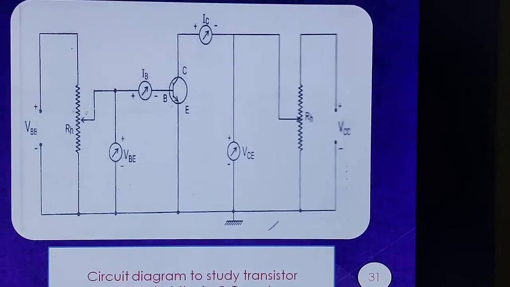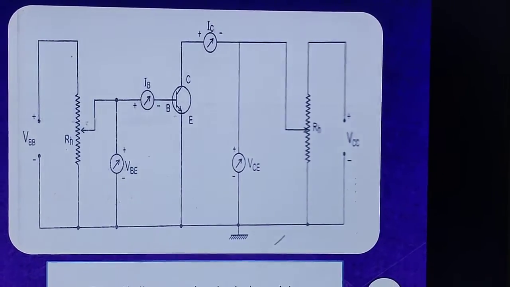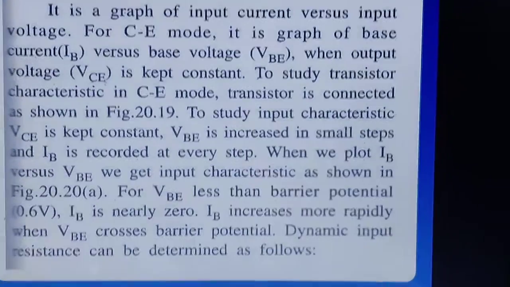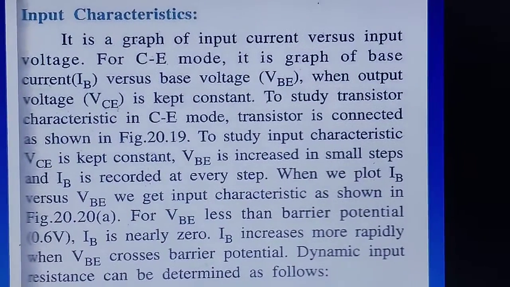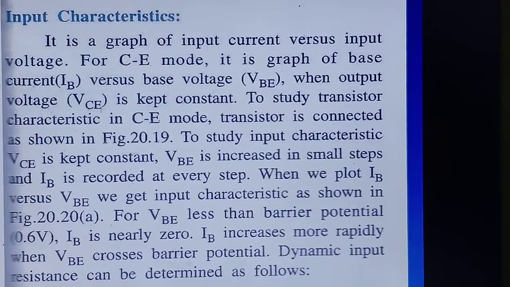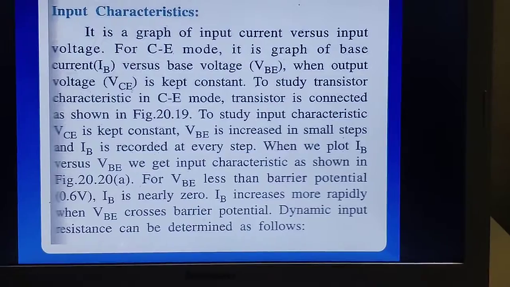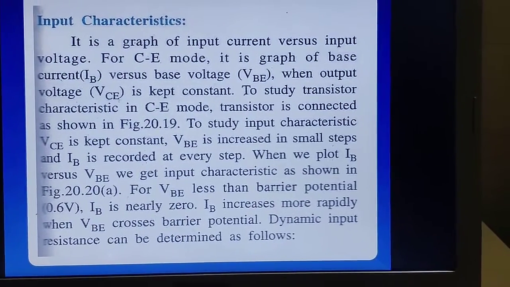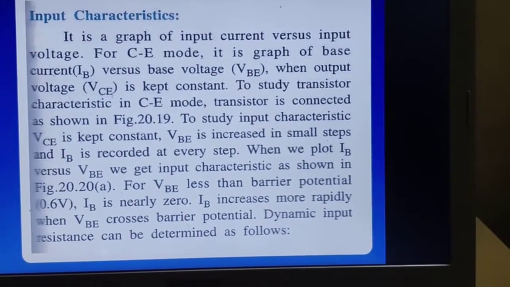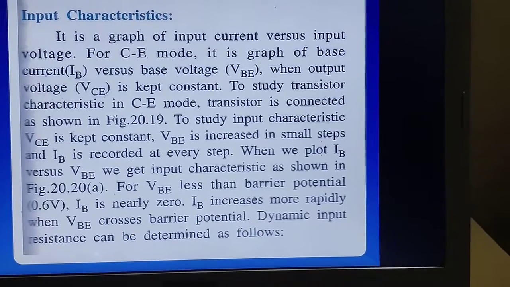Now first we are going to study the input characteristics. Now what is input characteristic? It is a graph of input current versus input voltage. For common emitter mode, it is the graph of base current versus base voltage when output VCE is kept constant.